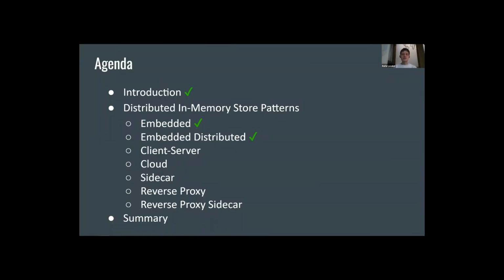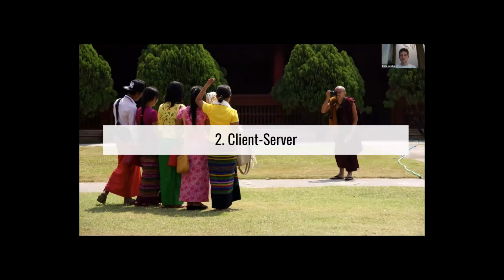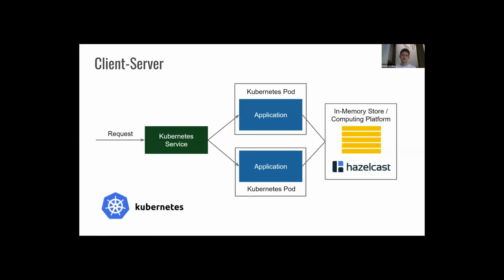Okay, we covered embedded patterns. So let's move on. The next thing I would like to show you is client-server. Client-server is like a good old database style. We set up the server separately and then use clients to connect to the server.